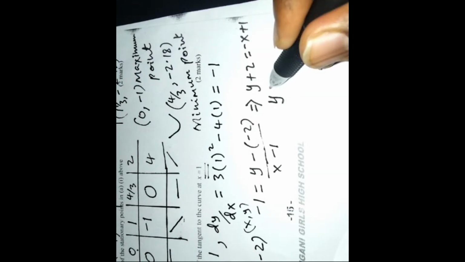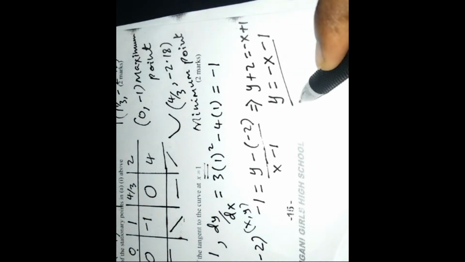So now we can cross multiply. We will have y plus 2 equal to -1 times x, which gives -x, then -1 times -1 becomes a positive 1. So we can remain with y at this point, and this will be equal to -x minus 1, because 2 becomes negative at this point.